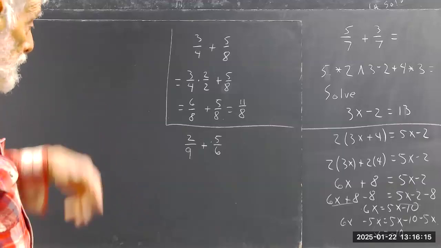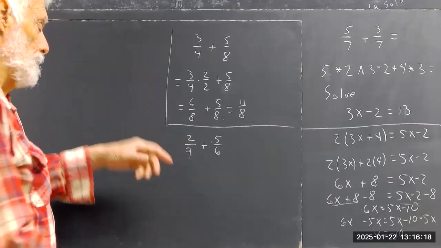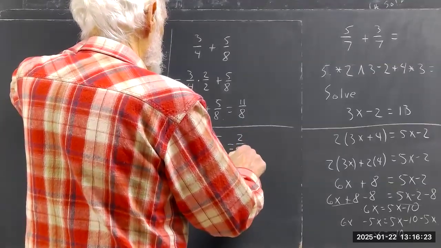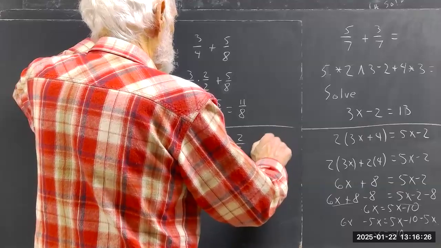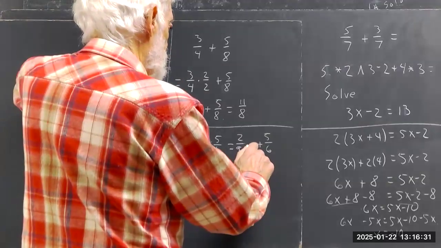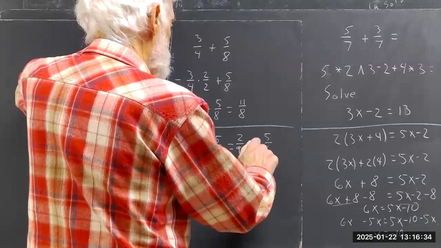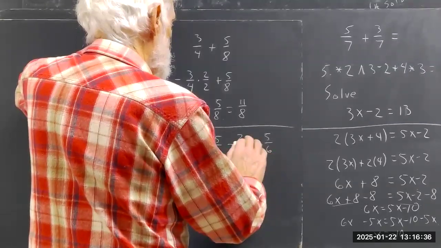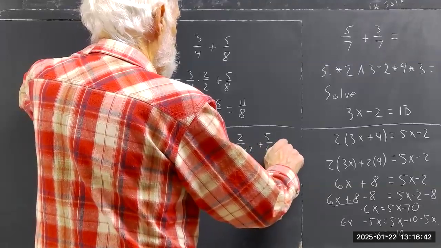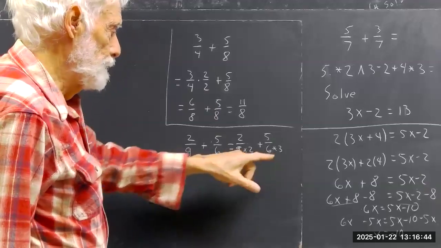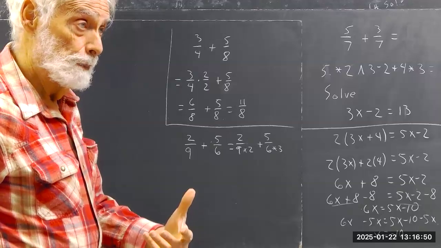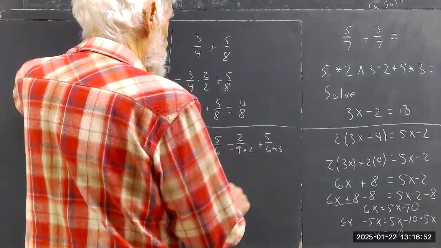But I can't just multiply 9 by 2 and multiply 6 by 3. Got to do kind of what I did here. So I'm going to write this as so. 2/9, leave myself a little room, and 5/6. I want to multiply this by 2. I know if I multiply 9 by 2 and 6 by 3, I'm going to get the same thing, 18. I'll be able to add the fractions.